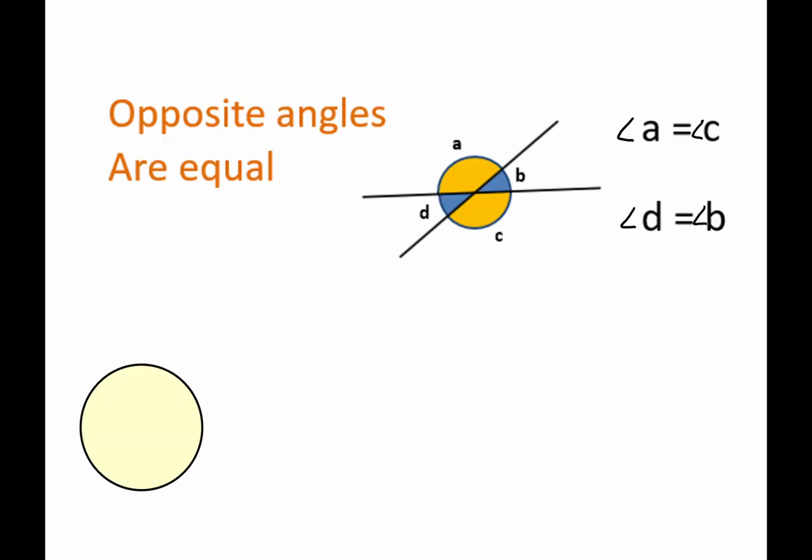Let's try a few more. Please take down this diagram of vertically opposite angles and state that angle A equals angle C and angle D equals angle B as they are vertically opposite.